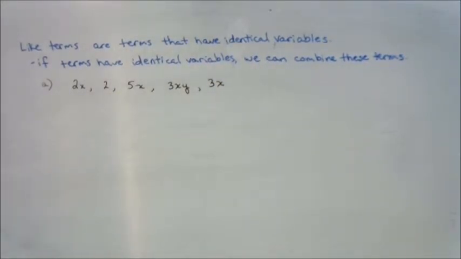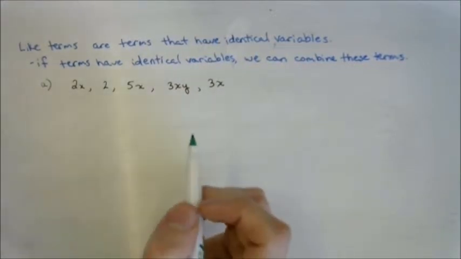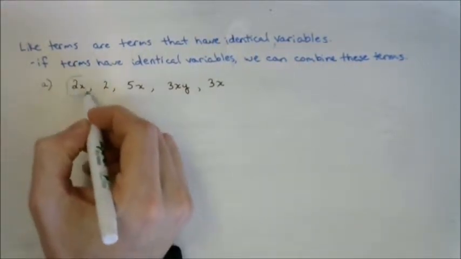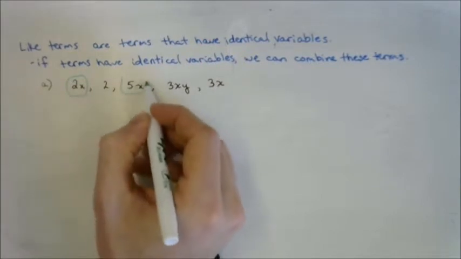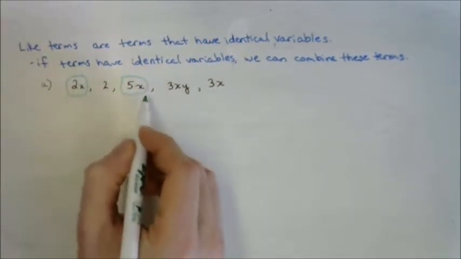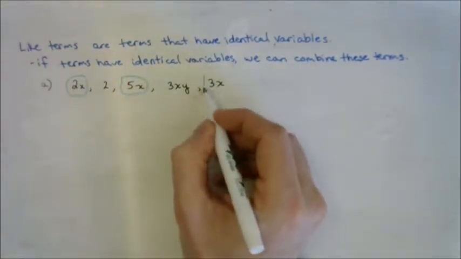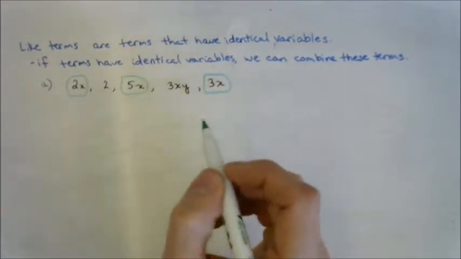And we have to identify the terms that are like terms. Well, somebody go ahead and take a shot at it. 2x and 5x are like terms because they both have an identical variable, and 3x is also a like term.